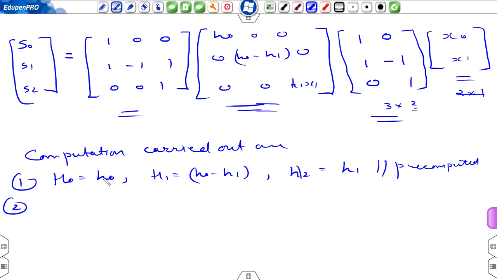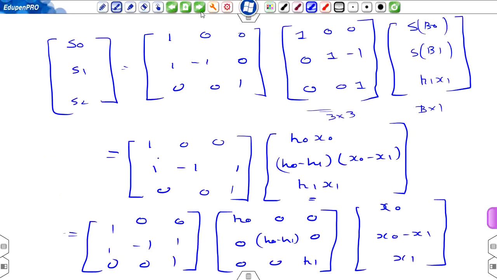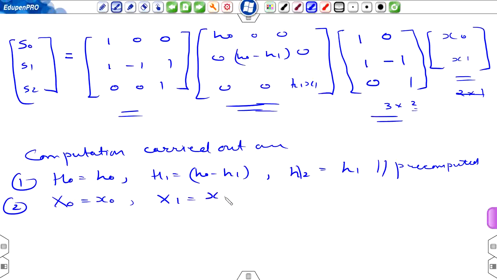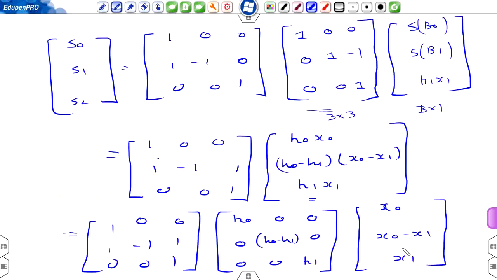So in step 2, the subtraction or addition of signals that are coming from the external source can be calculated. So I can write capital X0 is equal to small x0 as it is, capital X1 as small x0 minus x1, and capital X2 is simply x1.